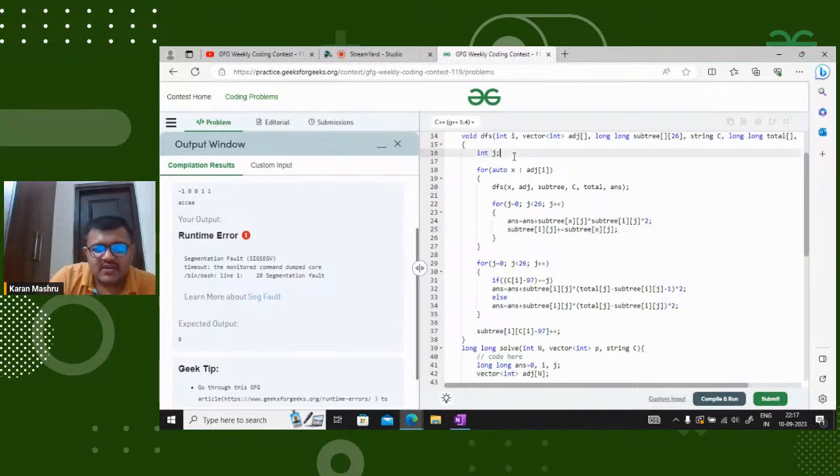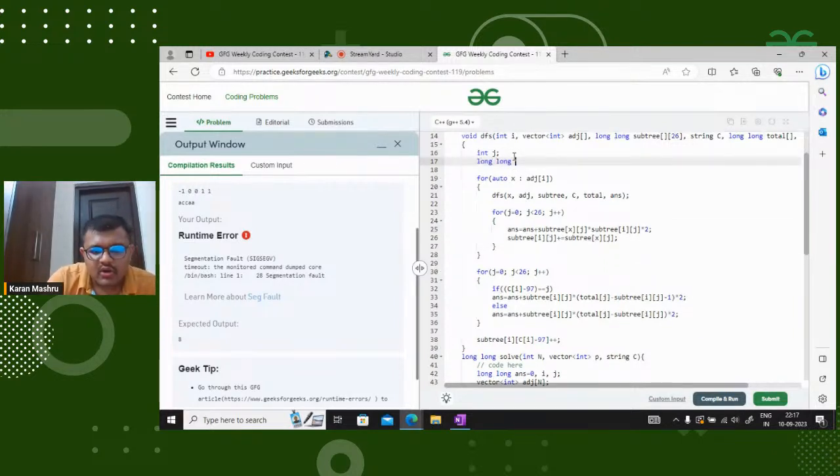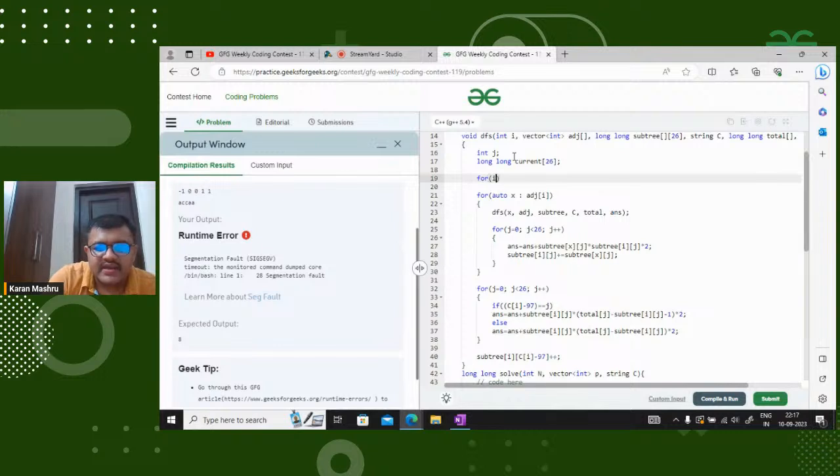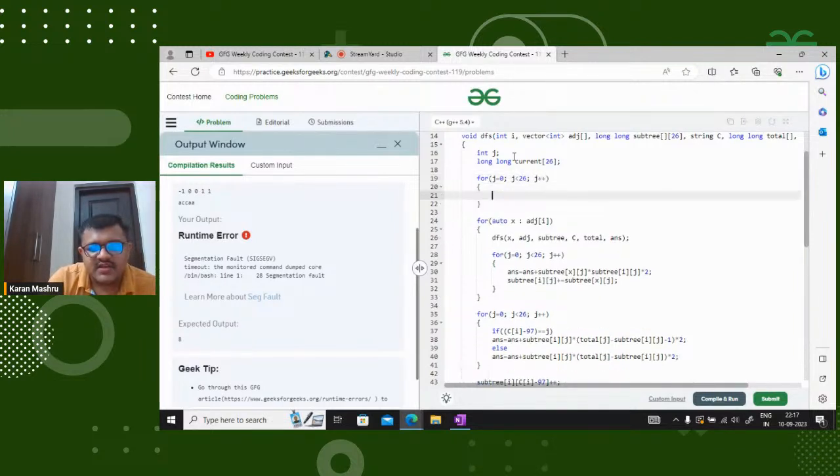So one thing I can do here is take a long current of 26, which will basically hold the count of the 26 characters in the current node's subtree, right? Because that is basically what I want. So let's say current of I equals 0. But then how will we calculate for the child? Hmm.